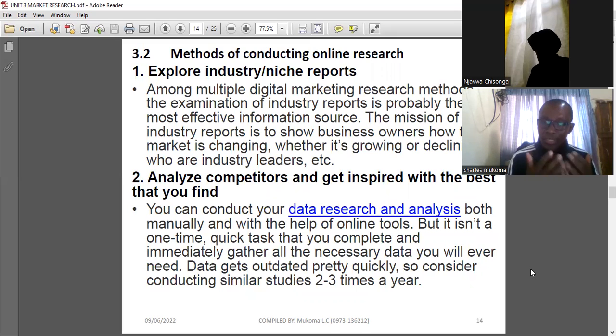So you get on the internet. If, for instance, you are in a food production industry, so you go to the internet and look at the reports that have been generated, that have been published about the food production industry. Then you can get some information there and use it for the betterment of your business. That is the first method, which is explore industry or niche reports.